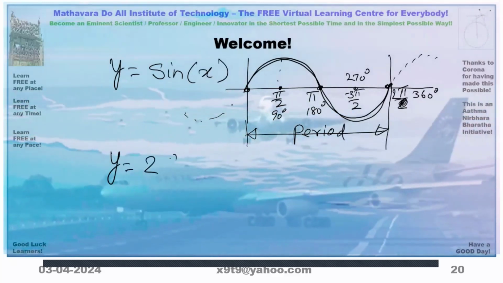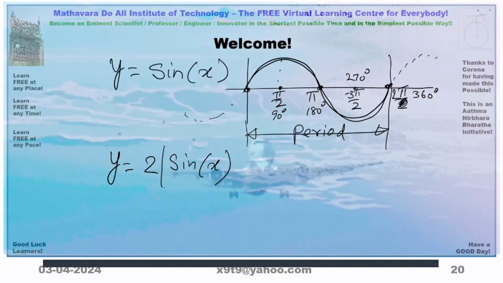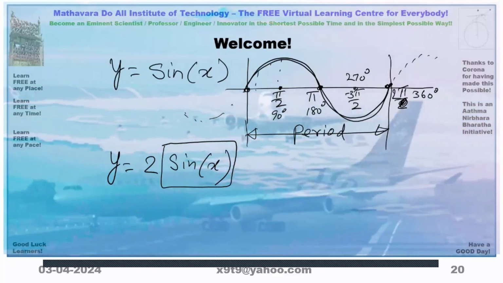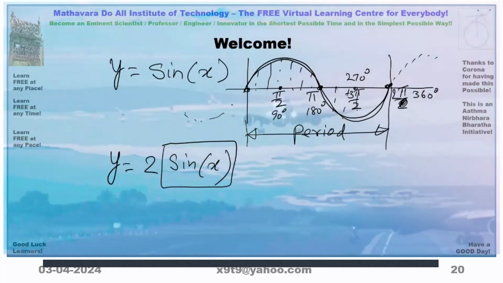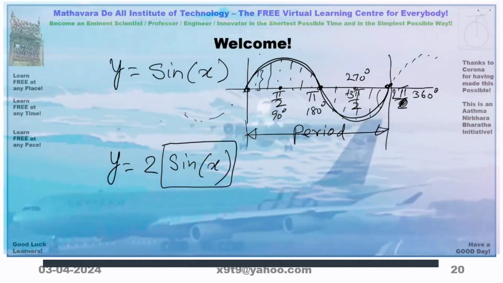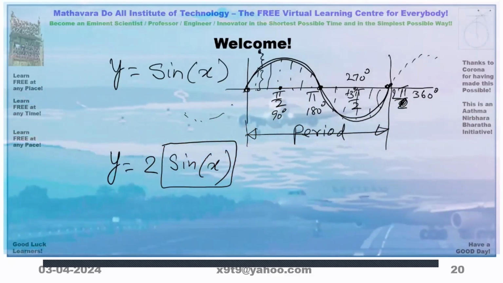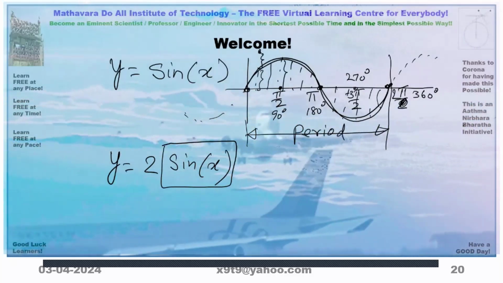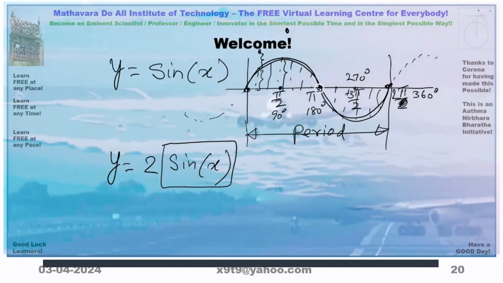Suppose y is 2 sin x. So every value of sin x is multiplied by 2 at all points. This side, this side, this side, everywhere. That means, how much is this height? You mark a point above, that much above, because it is twice of that. Similarly at all places. So 0 will remain there only.